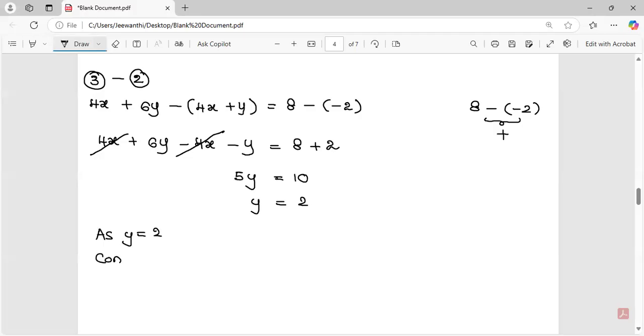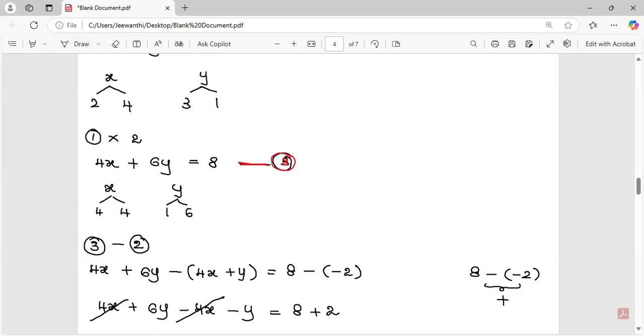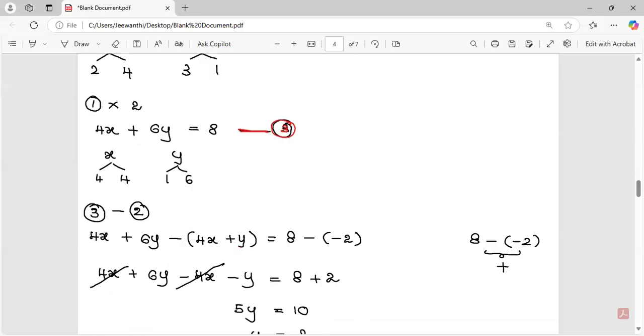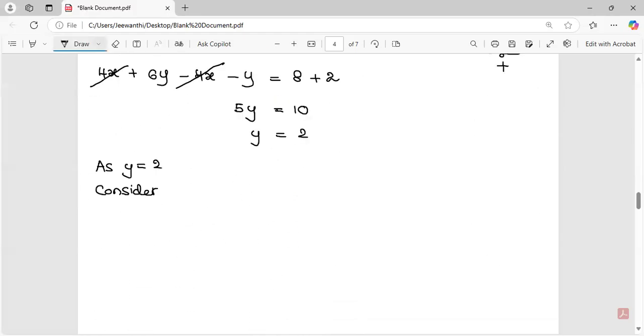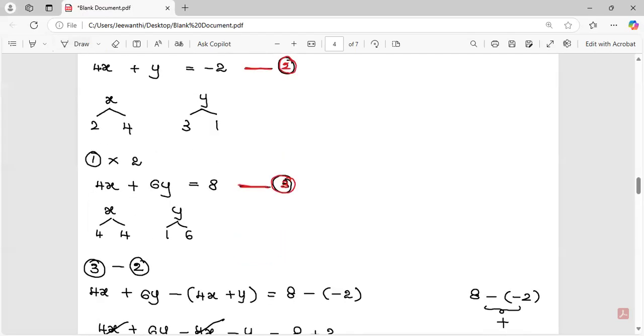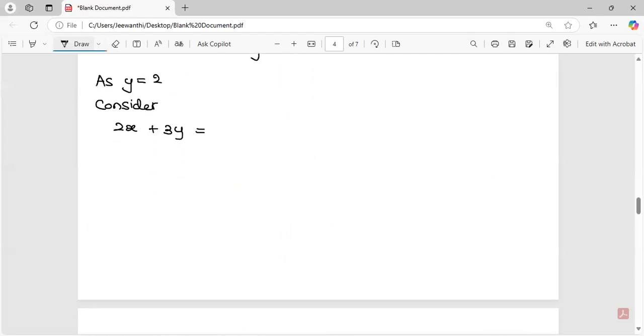I consider one of the equations, but keep that in your mind. You want to consider one of the original equations. For an example, if I take 2x plus 3y equal to 4, then I want to find the 2x, keep 2x here. 4 minus 3y.